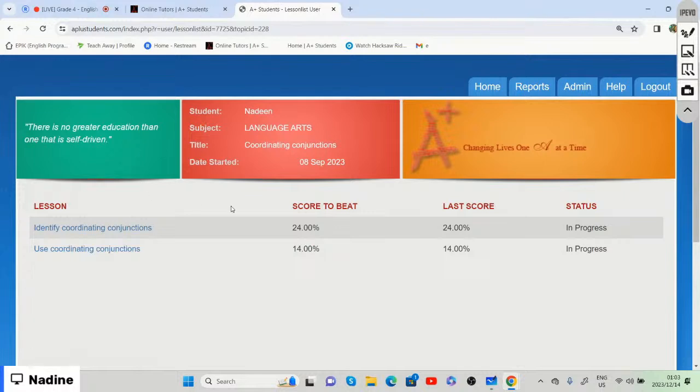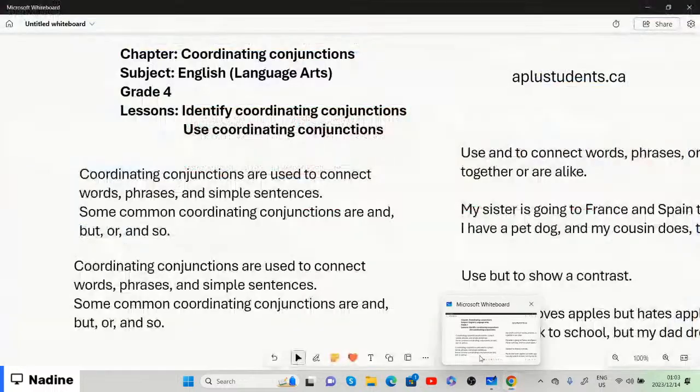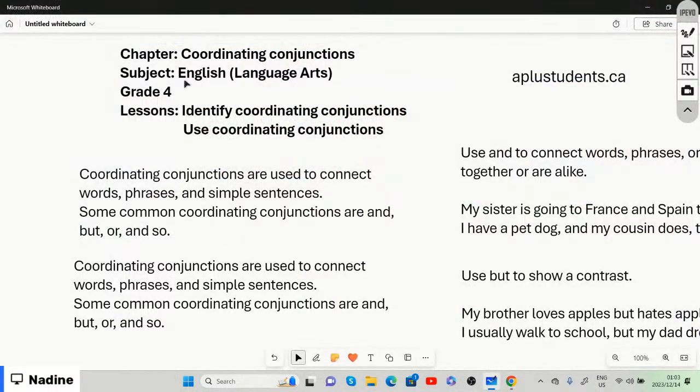All right, so we are doing our chapter of coordinating conjunctions. The subject is English language arts, grade 4.